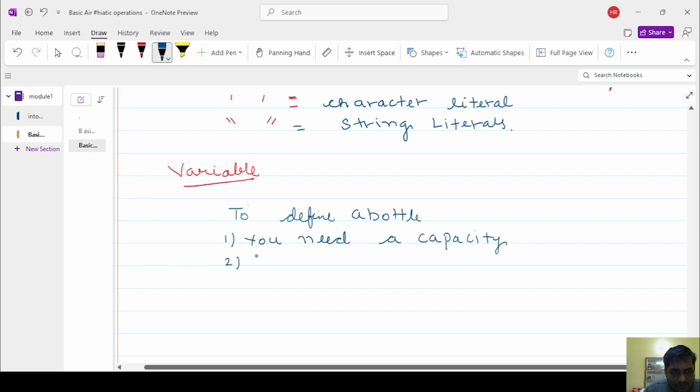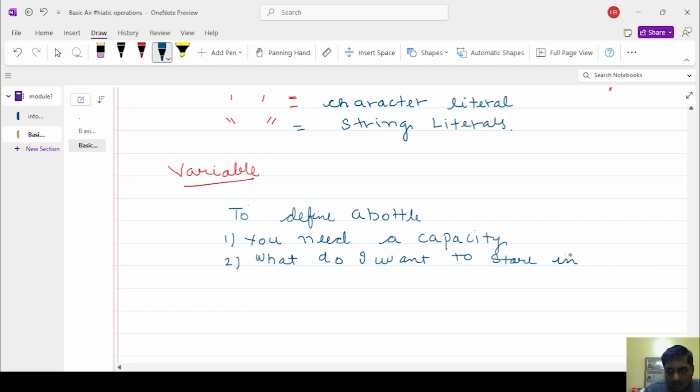How much capacity is there, how much space, and what do I want to store in the bottle.